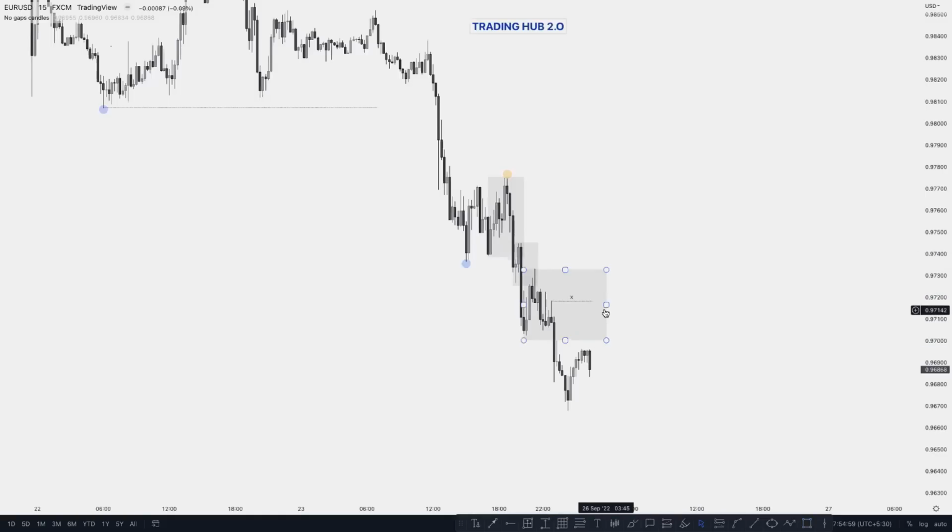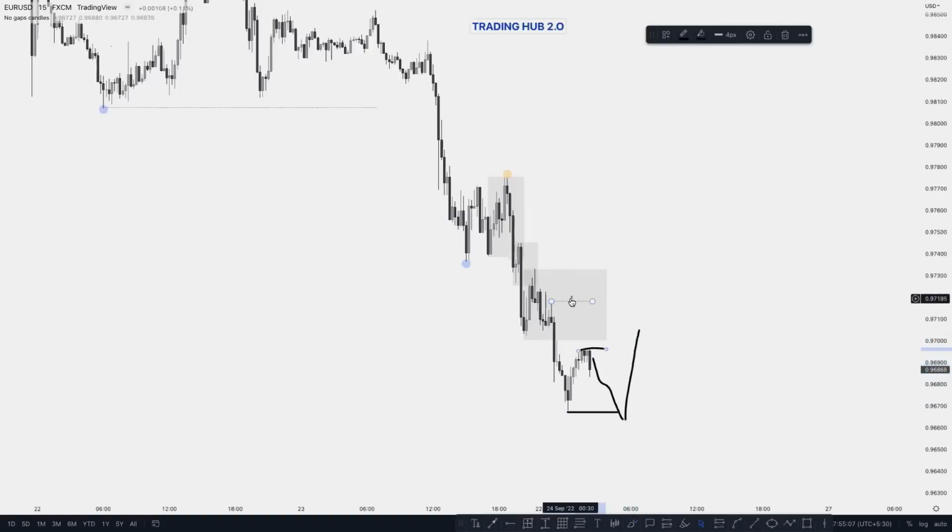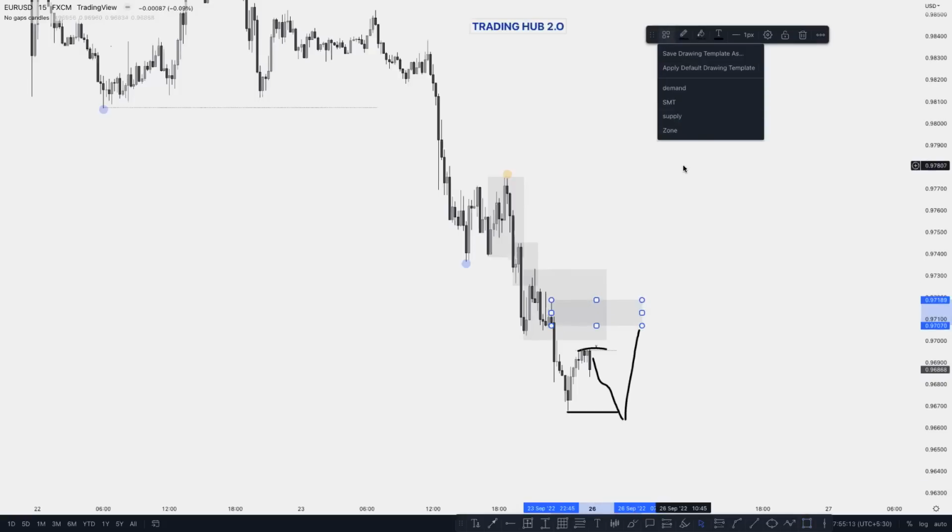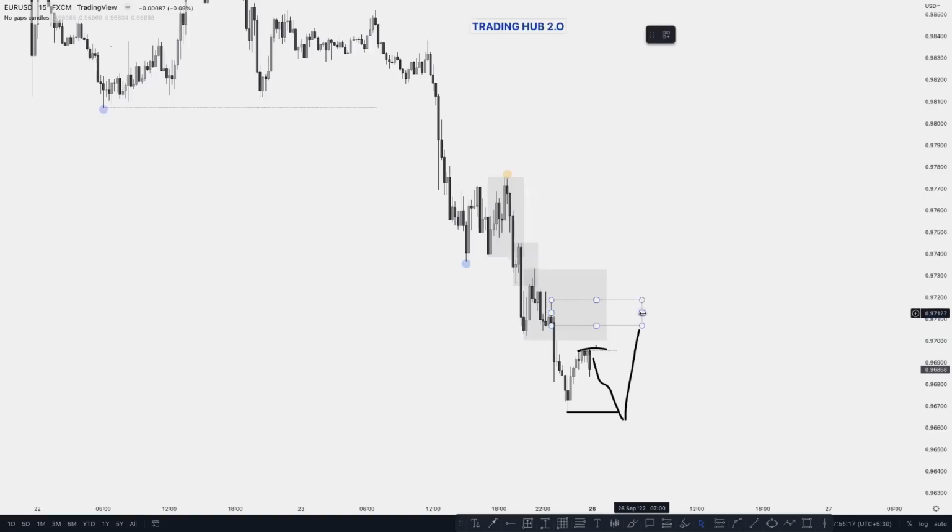So probably market can push downside and then go higher, and this high acts like an inducement, and then we can sell on this order block, which one is here, and this becomes our high probability order block, right? So we can sell here.